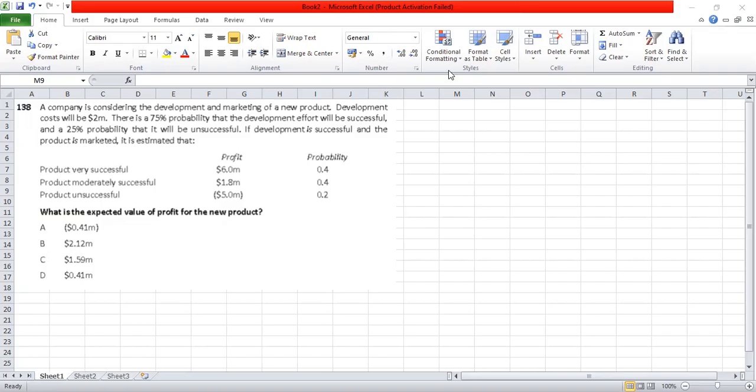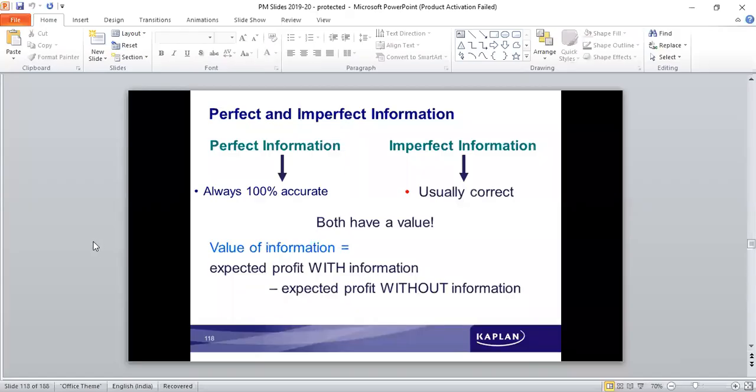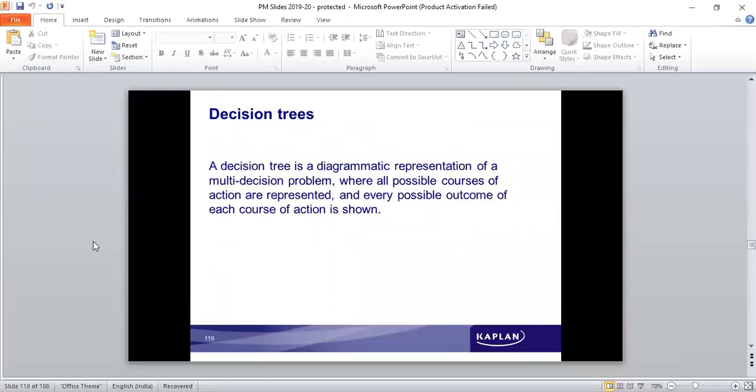Now, under what context is this particular situation taken up? We see that when decisions have to be taken and the decisions are not straightforward or linked only to one particular situation, there are multiple dimensions. In that case, a tree is drawn.